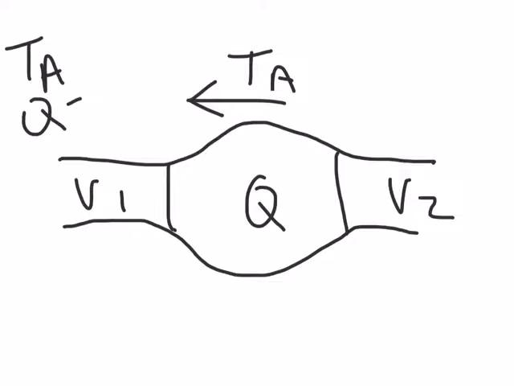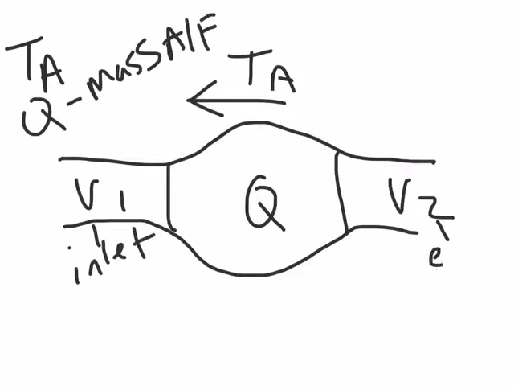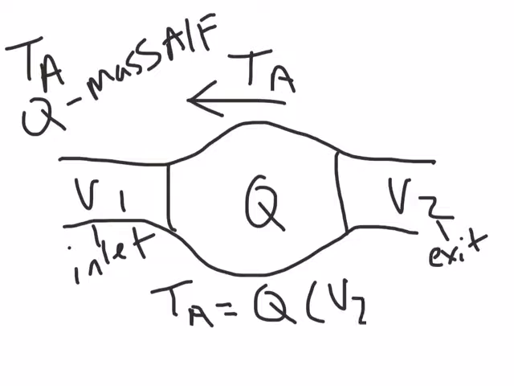Q is mass airflow. V1 is inlet velocity, and V2 is exit velocity. So we can write this equation as thrust available is equal to the mass airflow times V2 minus V1. So this is an equation you're going to need.